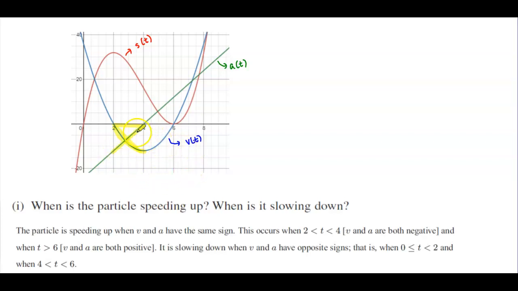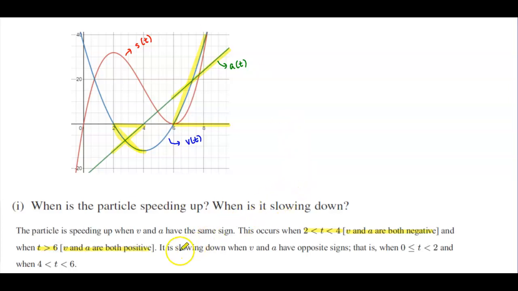Since they're both negative there, and then from 6 and on, we can see that the velocity function is positive, and also from 6 and on, the acceleration is positive. So therefore, this occurs when t is between 2 and 4, when the velocity and acceleration are both negative, and when t is greater than 6, when they are both positive.